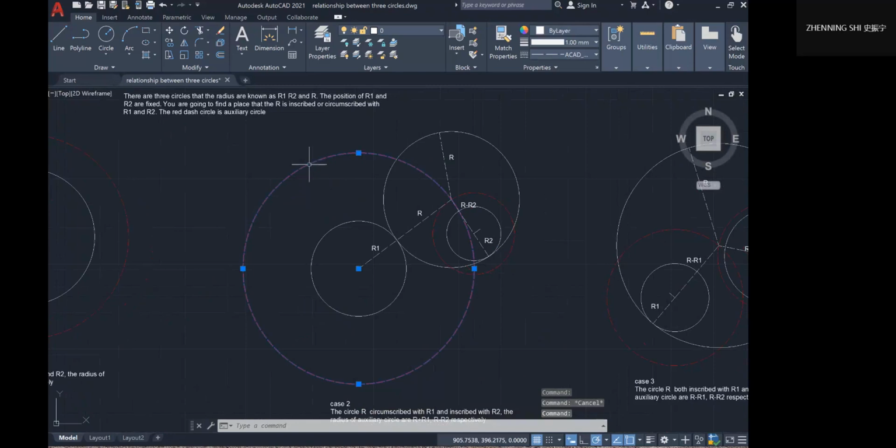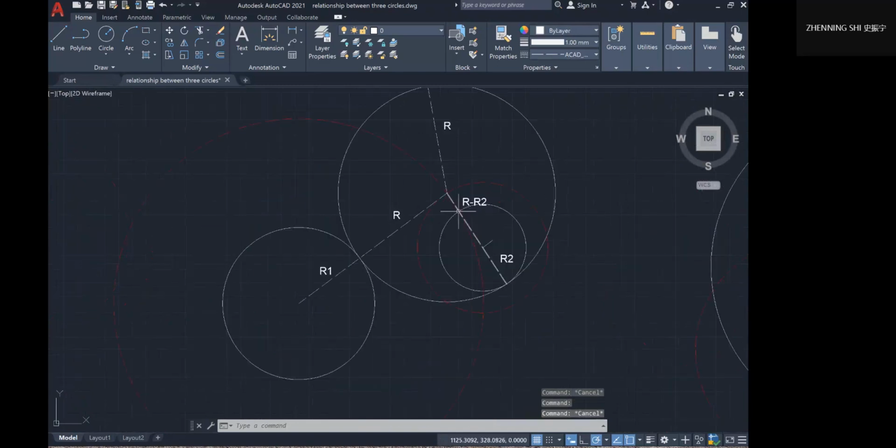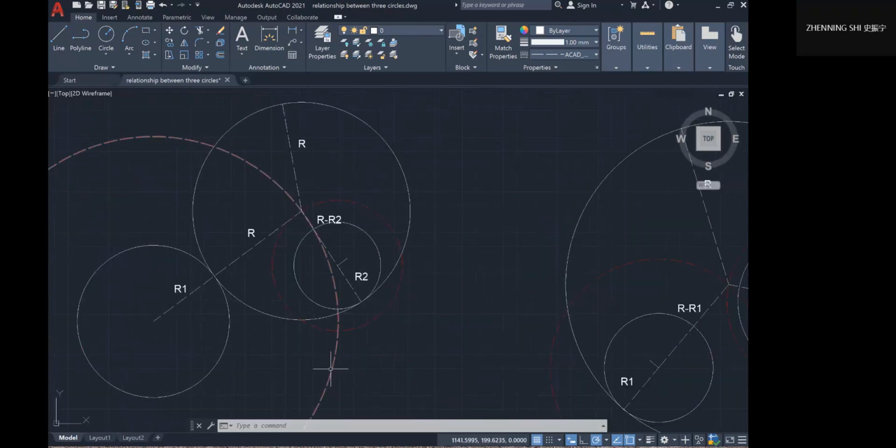No, the auxiliary circle, and get the R position on this circle, and the next one is how to get the auxiliary circle when they are inscribed.